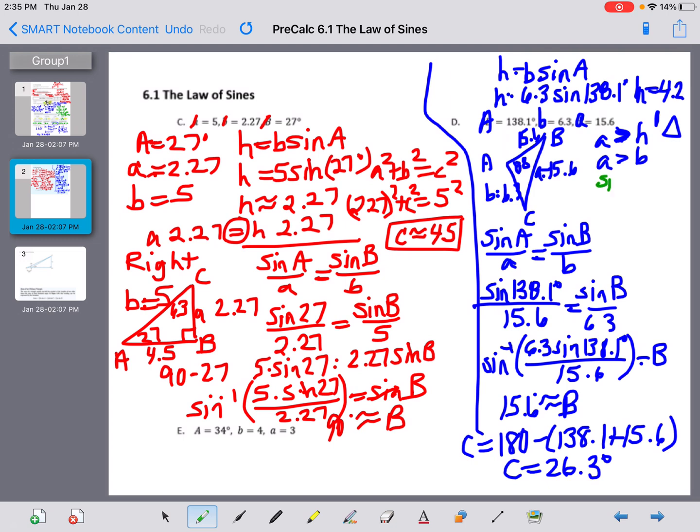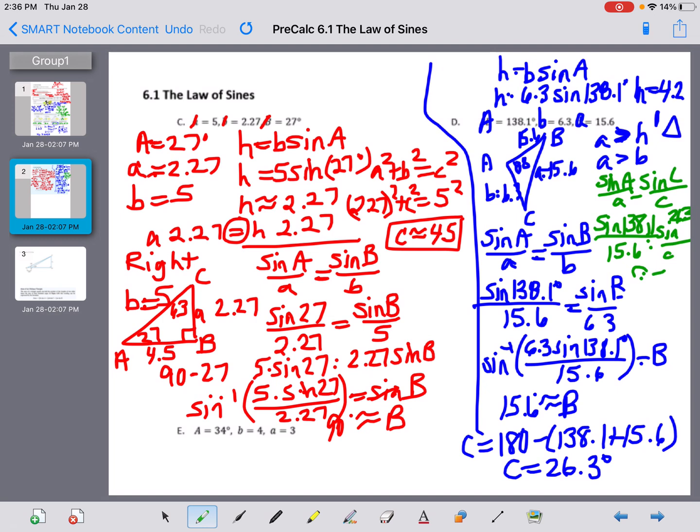I'm going to do sine A over a and sine C over c. So I have sine of 138.1 over a, which was 15.6, equals the sine of, what did I just get, 26.3, all over my c. Okay, so when I solve for c, it's going to be 15.6 sine of 26.3. I want to be able to read this later, so I am going to write sideways.